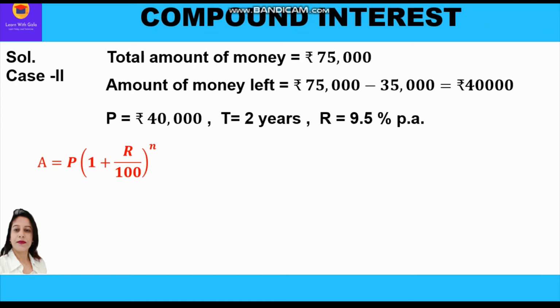So the amount formula is A is equal to P (1 + R/100)^n. Further we shall put the values. So 40,000 (1 + 9.5/100)^2. Further we shall take LCM.